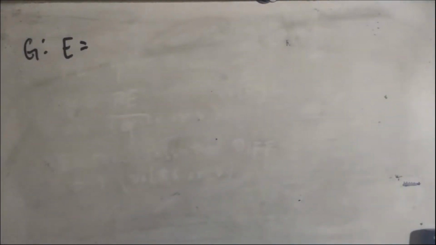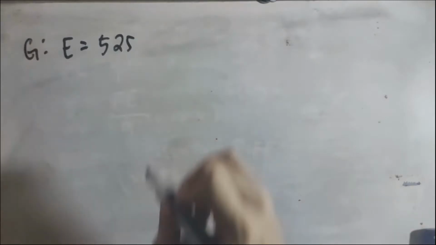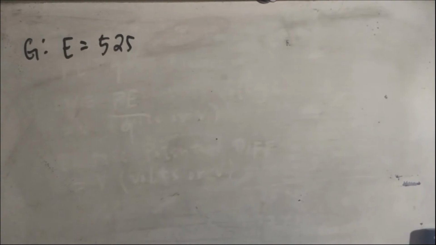Let's solve our first problem. We have an electric field. By the way, the unit for electric field, newtons per coulomb, can also be rewritten as volts per meter, as you discovered from the simulation that you did.